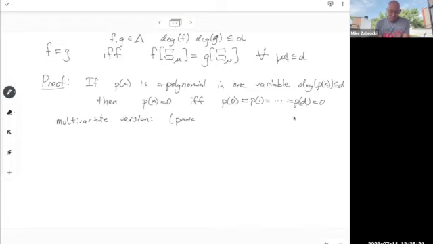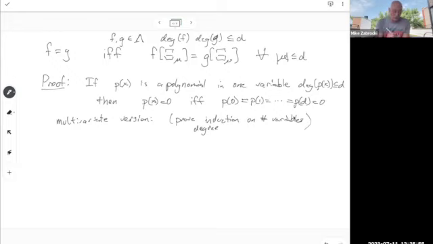So the multivariate version, I'm not going to state the whole proof, because you prove it by induction on the number of variables and the degree, and you use the single variate version.